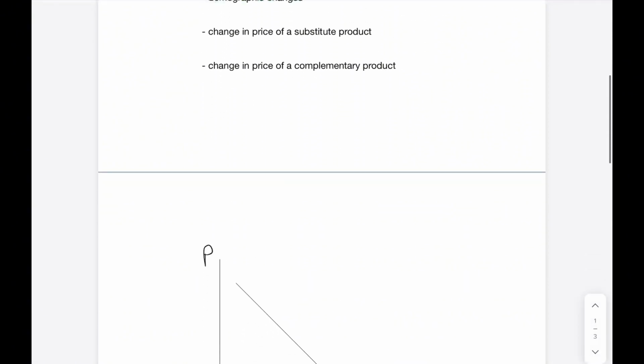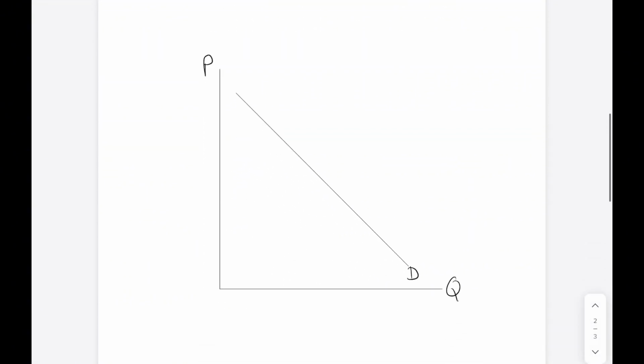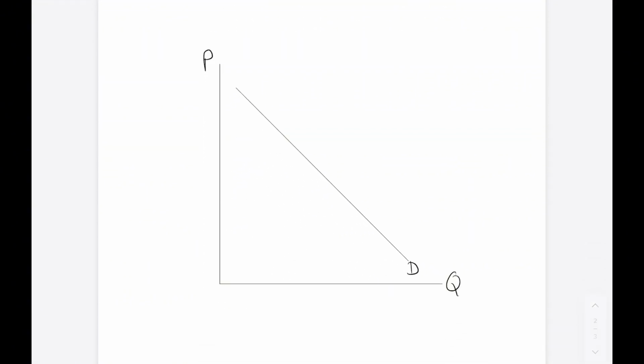Let's just go straight to the diagram here to show how we can illustrate an increase or a decrease in demand. Now, if there is an increase in demand for whatever reason, and we will look at the possible reasons shortly, then the demand curve will shift to the right-hand side from D to D1. This is an outward shift.